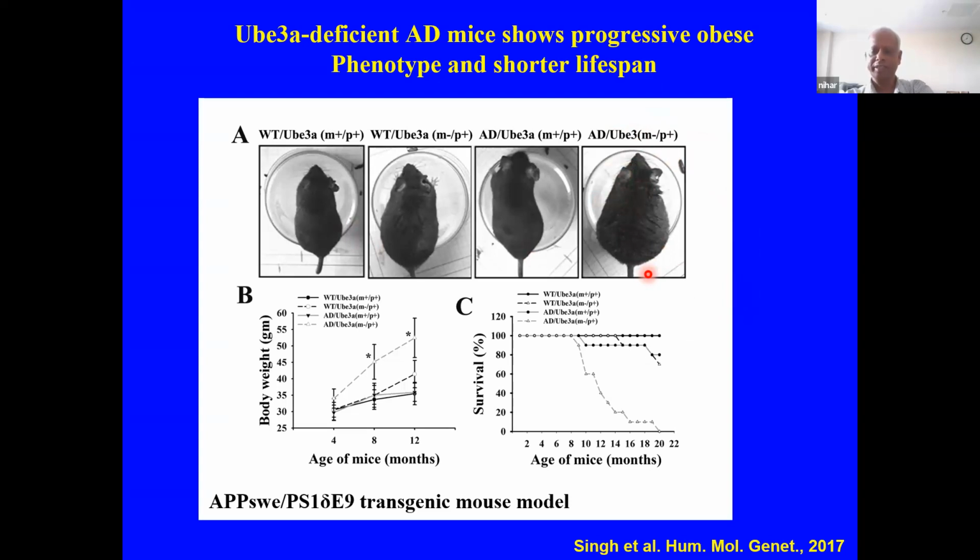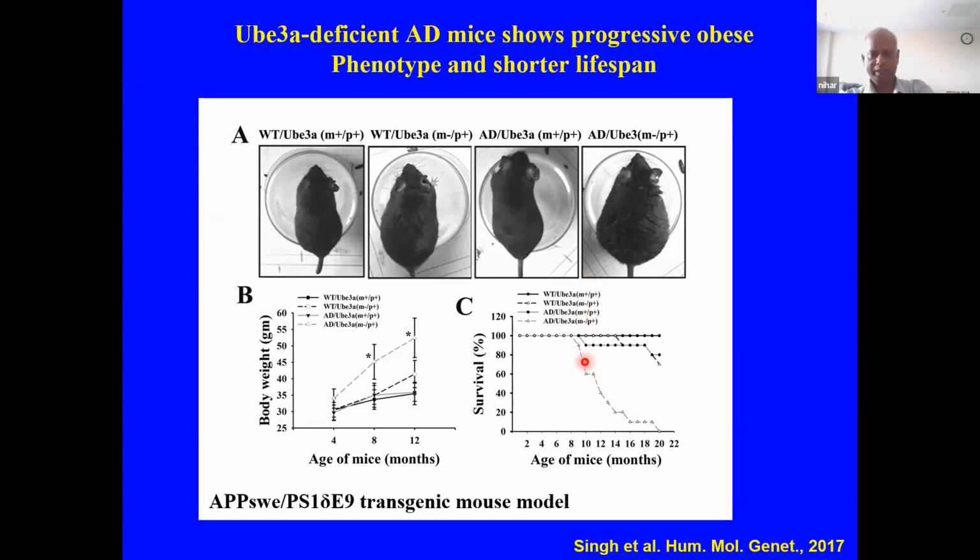In Huntington disease, you see severe deterioration of the body weight, but the Ube3a deficient Alzheimer's disease mice are excessively obese. Because of that, it's very hard to do any kind of behavioral test. But look at the lifespan.